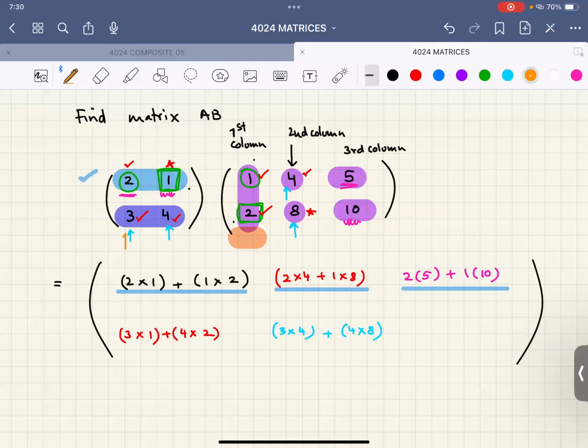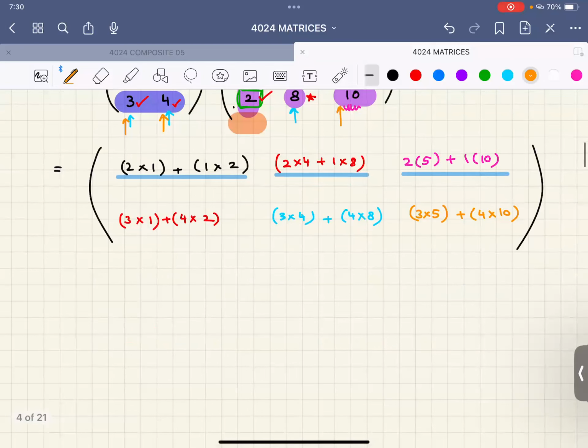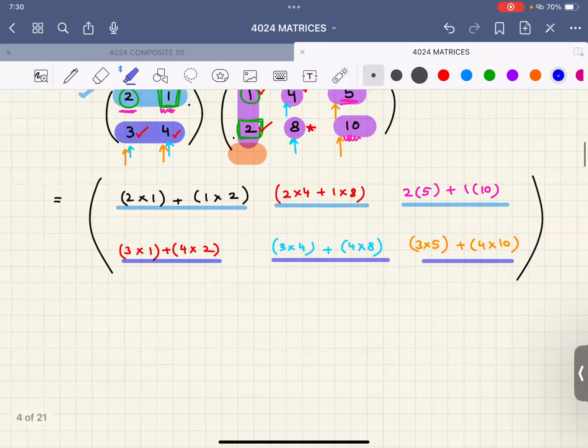This 3 goes with this 5. This 4 goes with this 10. So that's 3 into 5 and this is 4 into 10. And let's simplify. So this is the working that we have done for this column, this column, this column.